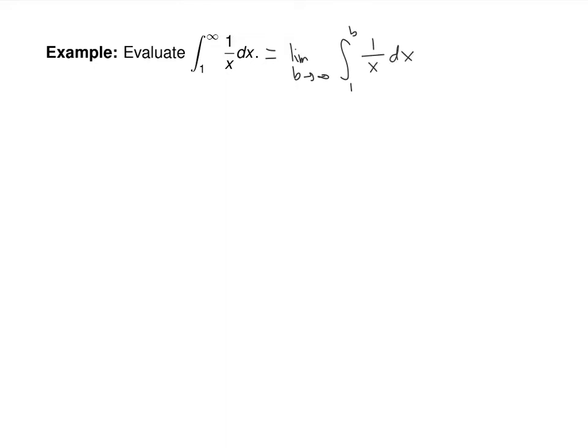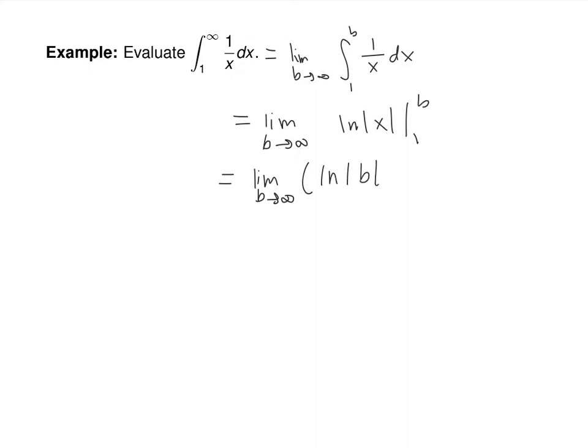Well, the antiderivative of 1/x is ln of the absolute value of x. So ln |x| from 1 to b, and that's the limit as b goes to infinity of ln |b| minus ln of 1.